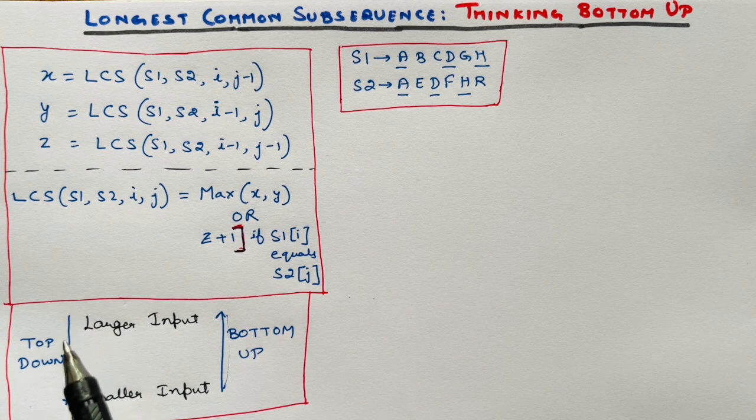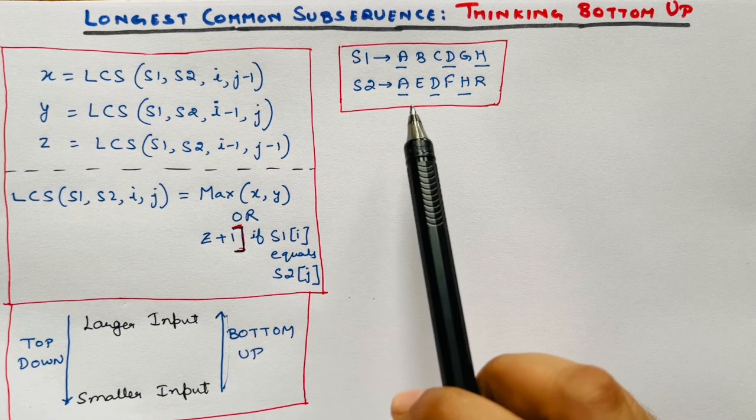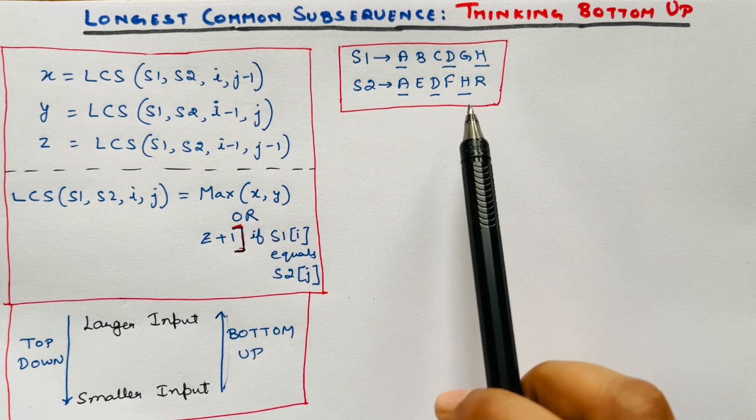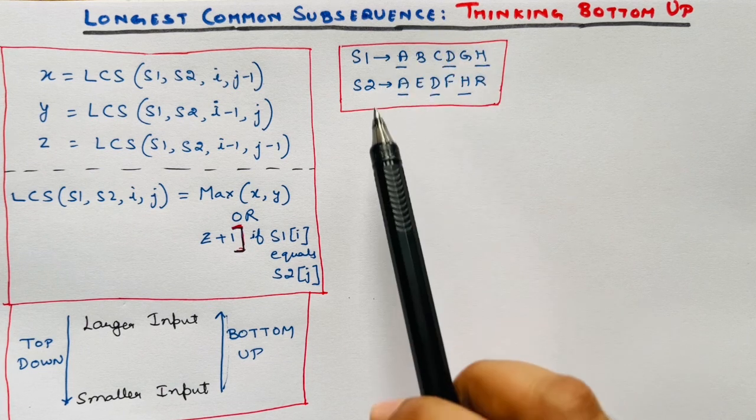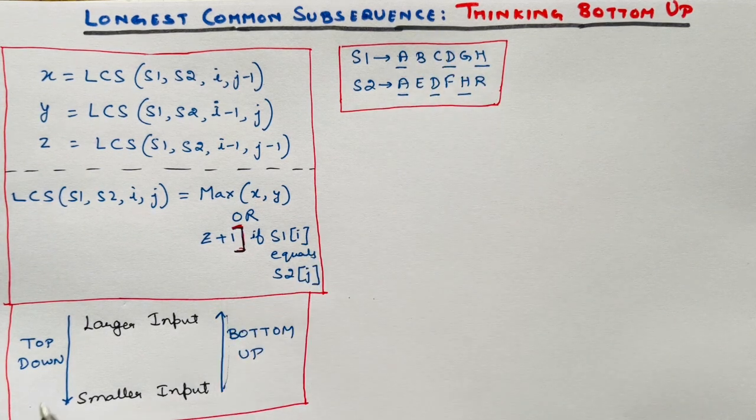So in the top-down approach, we will first try to calculate for the largest possible input that we have. For example, if these were the two strings given, our first recursive call will be for both of these strings. And then during the recursion, as we keep on calling the recursive method, at the end, we will reach the smallest input or our base conditions where one of the strings becomes empty.